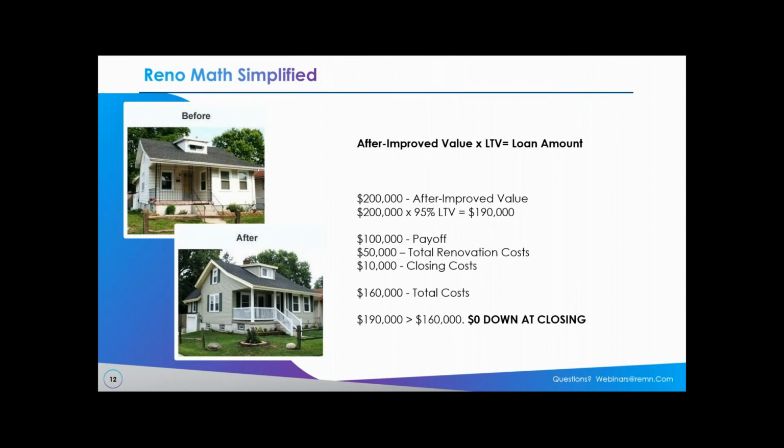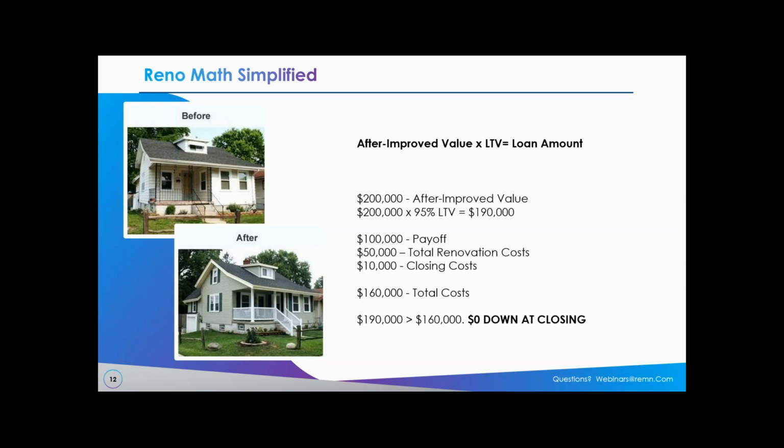On a refinance, and we're using a Fannie Mae HomeStyle example, we have an after improved value of $200,000 times our max LTV of 95%, we can lend out a max loan amount of $190,000.